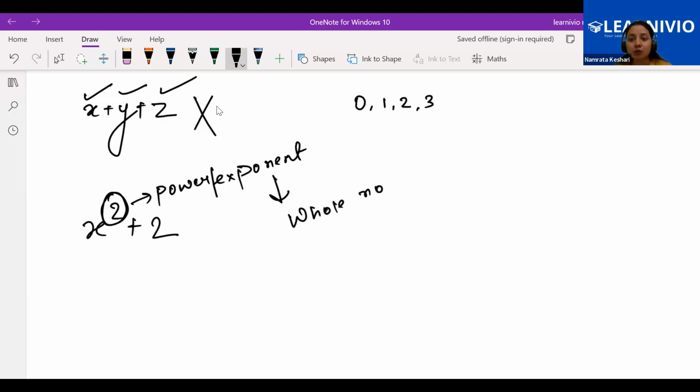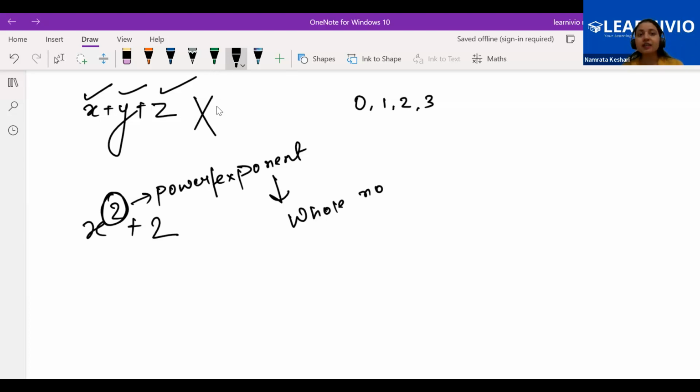So these are the counting numbers, and all the counting numbers starting from 0 are whole numbers. So now let's get back to the definition of the polynomial. The criteria is that the power or the exponent has to be a whole number. If the variable's exponent is a whole number, then it's a polynomial.